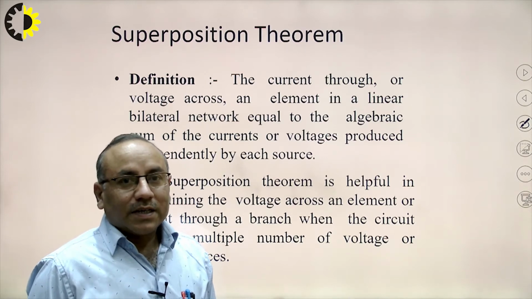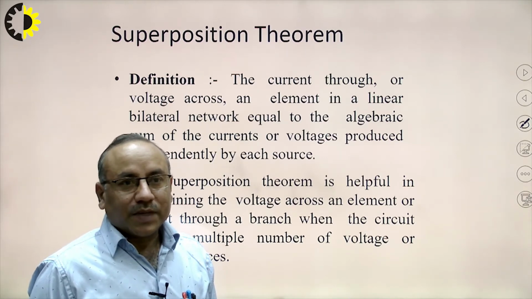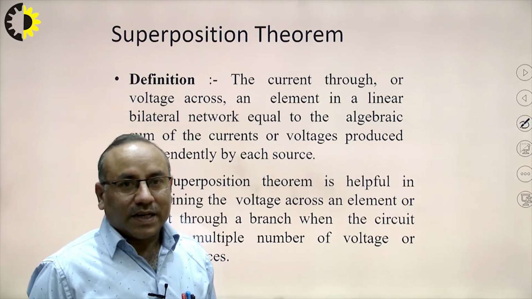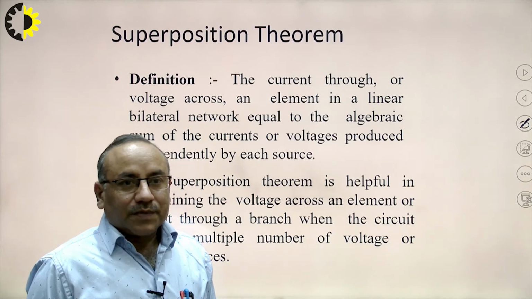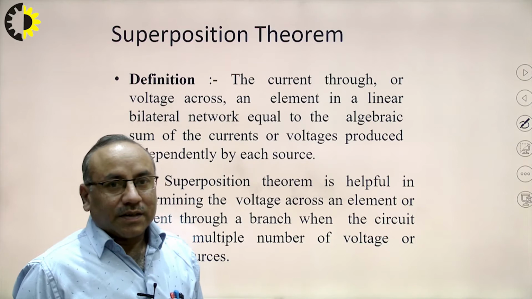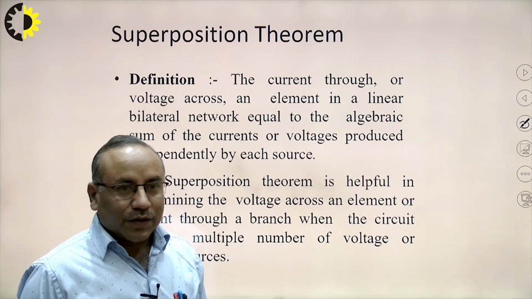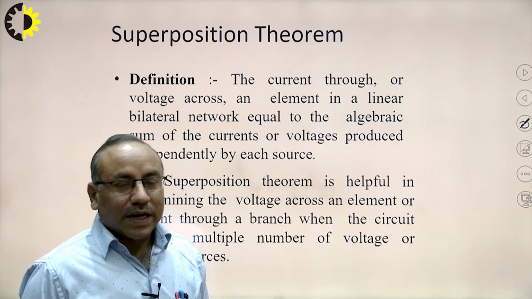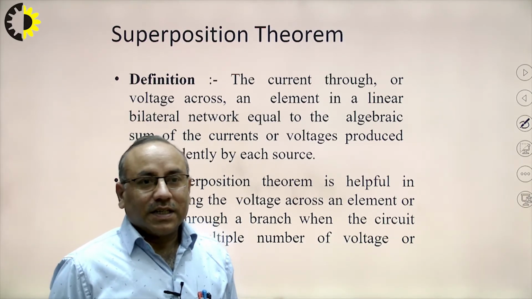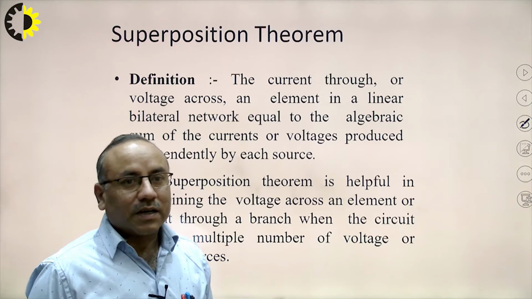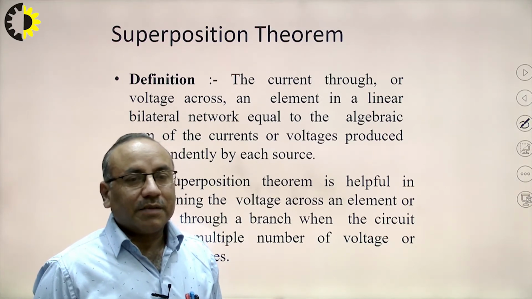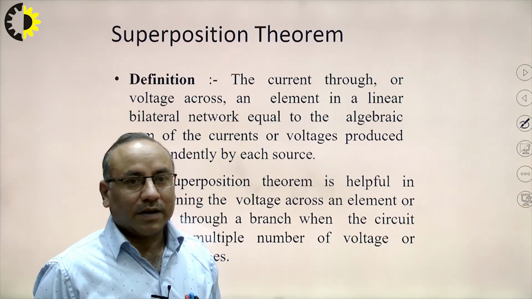For that, the circuit should be linear and bilateral, and then this current or voltage will be given as the algebraic sum of the currents or the voltages due to each source acting alone in the circuit.